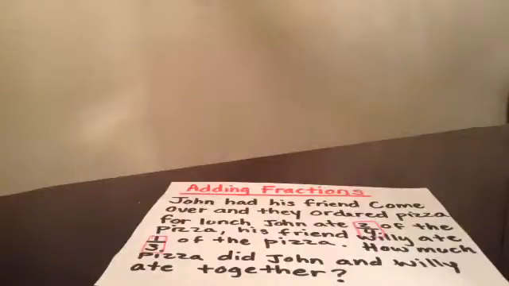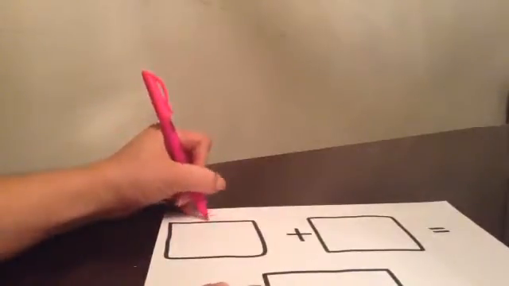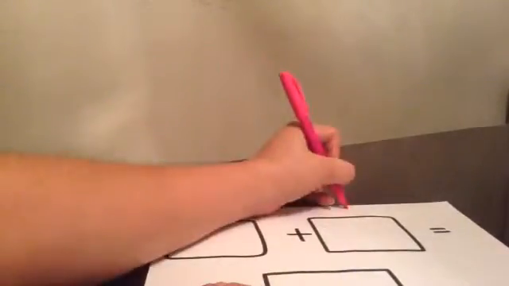So we are going to use an area model to help us solve this problem. And we are going to start by writing the fractions at the top of each rectangle. Okay? So we say that John ate 2/4 of the pizza and Willie ate 1/3.